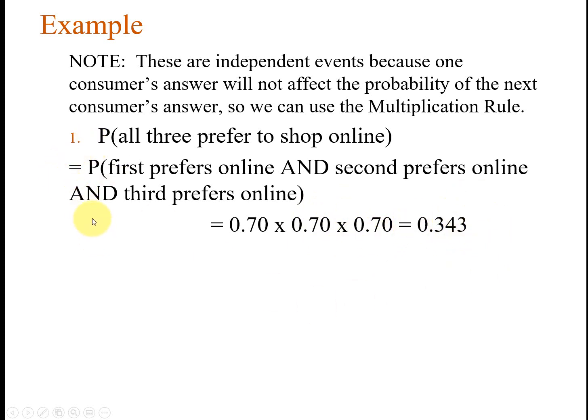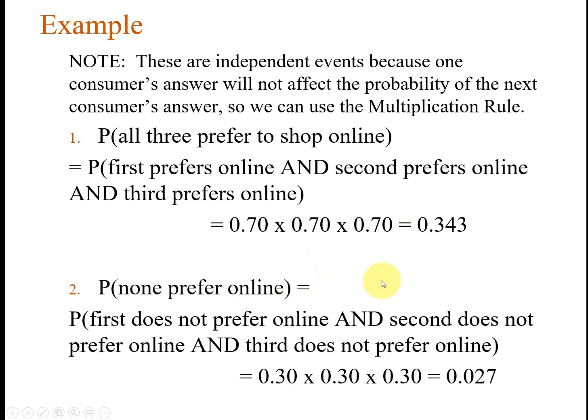And then our second problem was, what is the probability that none prefer to shop online? Well, we can use the complement of preferring to shop online, which is 0.3 right here.